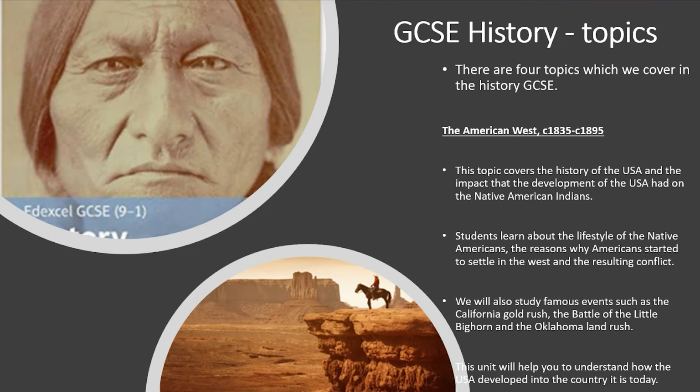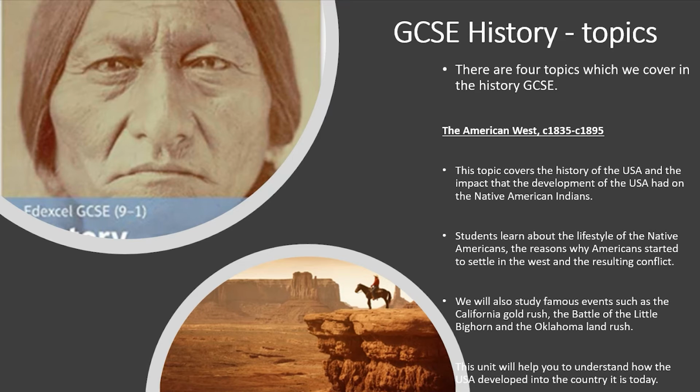So this is all about the history of the development of the USA and the way in which the development of that country had an impact on the Native Americans who already inhabited that particular area of the world.